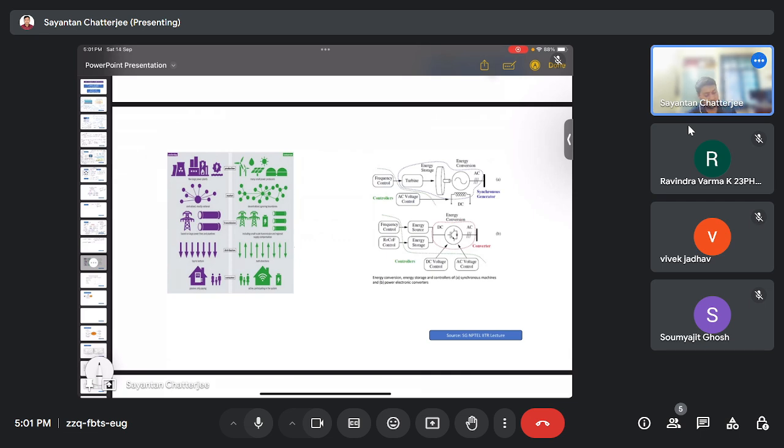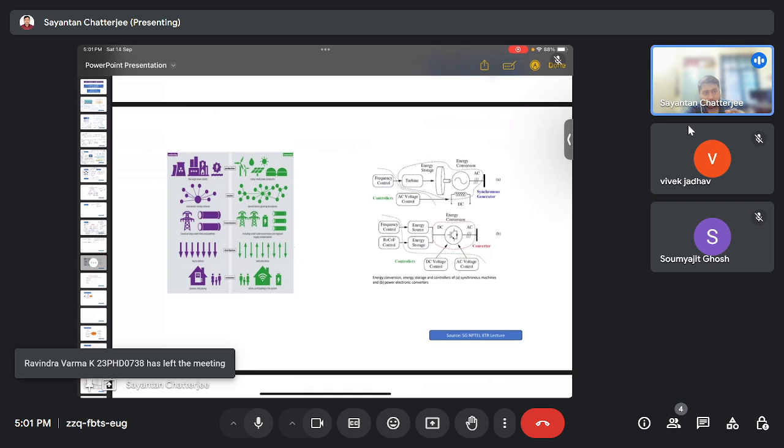nowadays what we are trying to integrate is more of the renewable side, more of the renewable entities, because our major aim is to have the go green architecture.